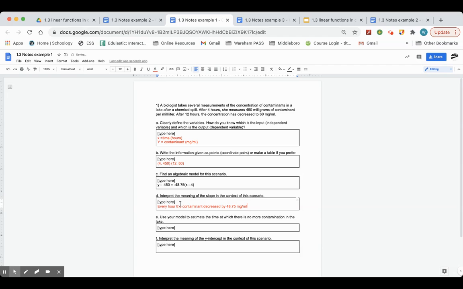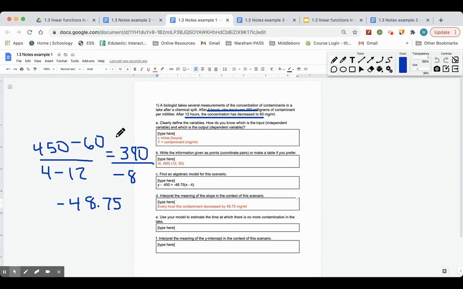Okay. Use your model to estimate the time at which there is no more contaminant. All right, so that's when we're solving for x when y is 0. So the easiest thing to do is to go back to our equation in point slope form and write it in slope intercept form.